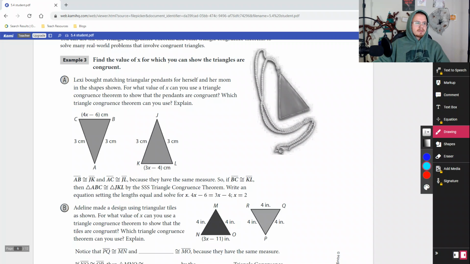Alright, so looking at it, right? We got bam, we got bam, we got bam, bam. Now, the question is, are these 2 congruent? So, what you would do is you would set these 2 equal to each other, right? Just like normal. So you get a little 4x minus 6 equals 3x minus 4 action. You solve that, you get x equals 2. Okay.